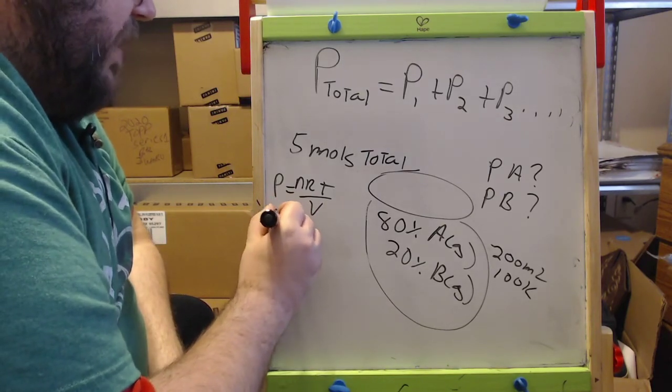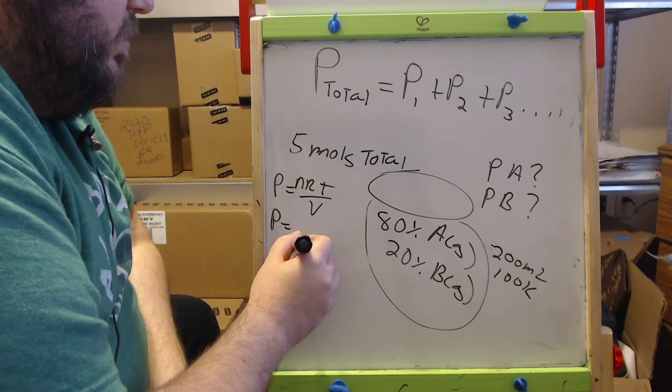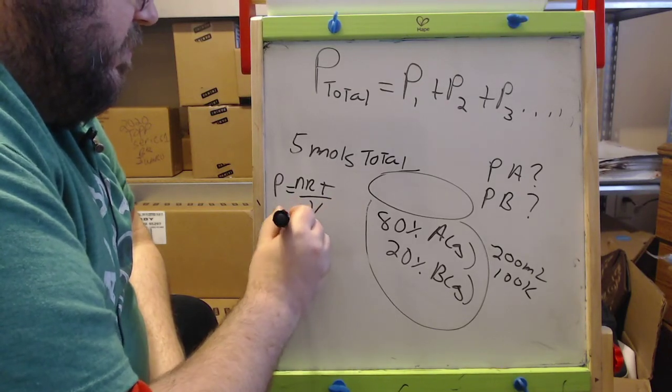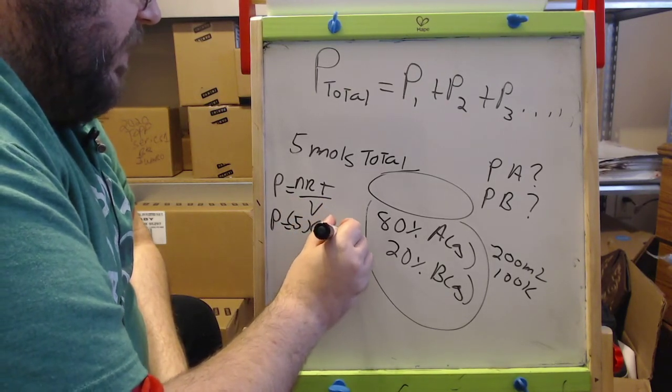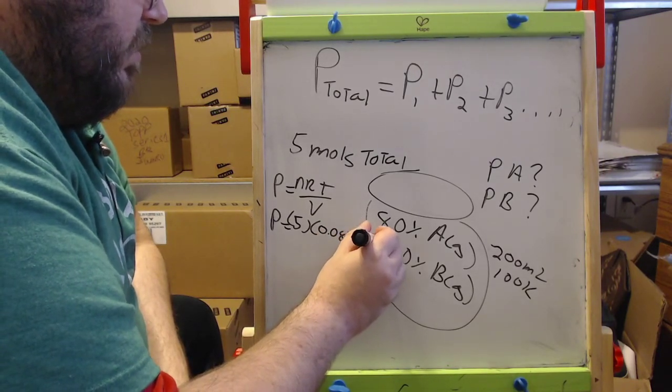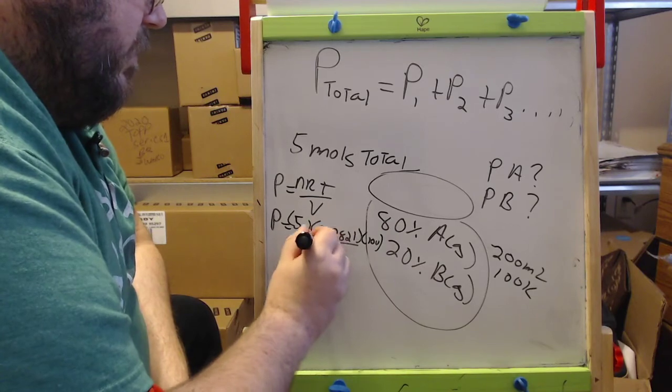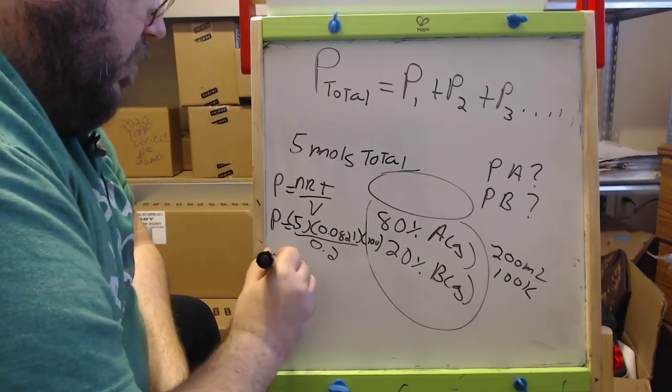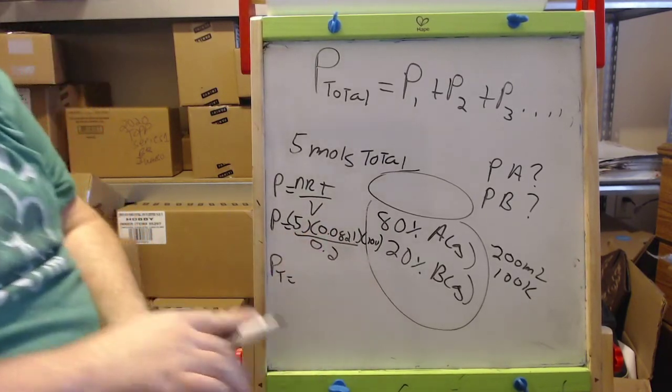So I could do pressure equals 5 moles times R, 0.0821, times the temperature, 100, over 0.2. Find the total pressure.